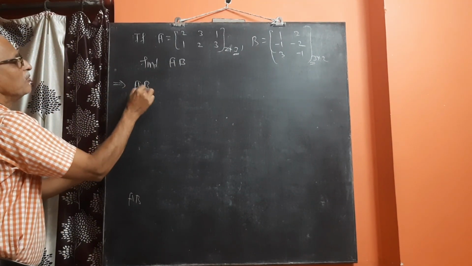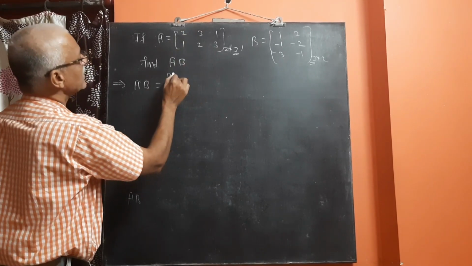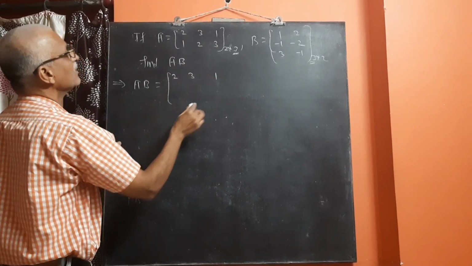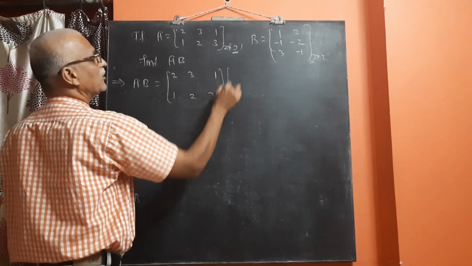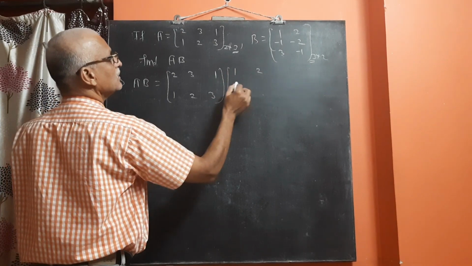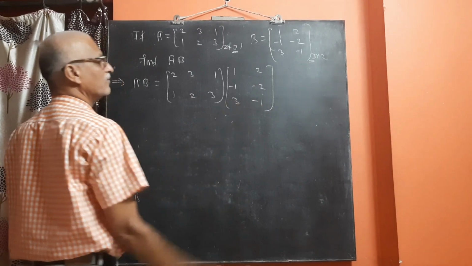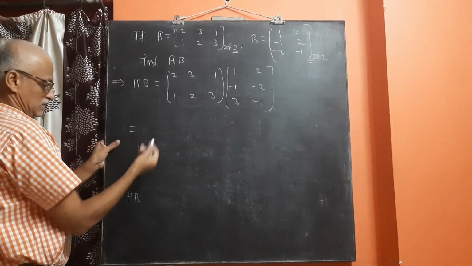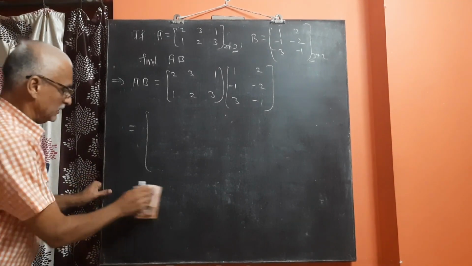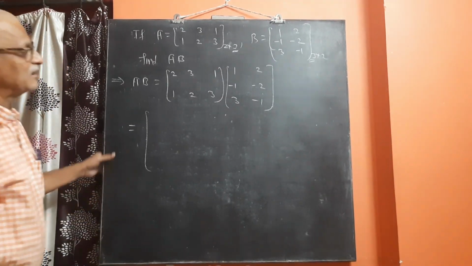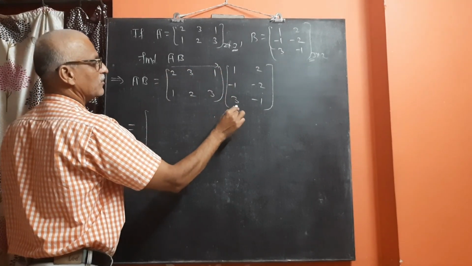A into B is equal to, I put the matrices here, 2, 3, 1, 1, 2, 3 into matrix B, 1, 2, minus 1, minus 2, 3 and minus 1 is equal to. Now the actual multiplication. What did I tell you in the first problem? First row into first column, that means this row into this column.